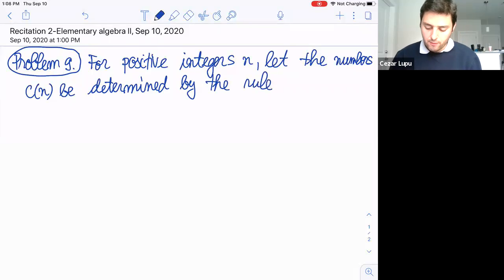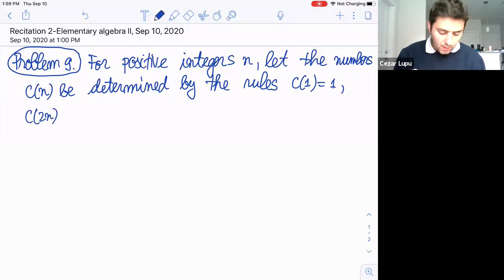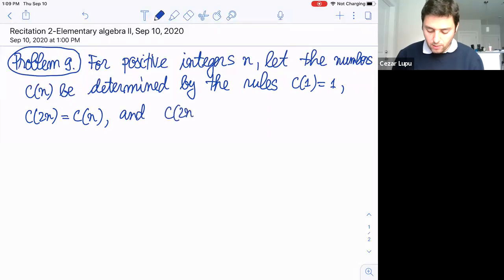And you will see that I have a type of recursion here. C of 1 is 1. C of 2n is C of n. That's interesting. And C of 2n plus 1 is (-1) to the power n times C of n.